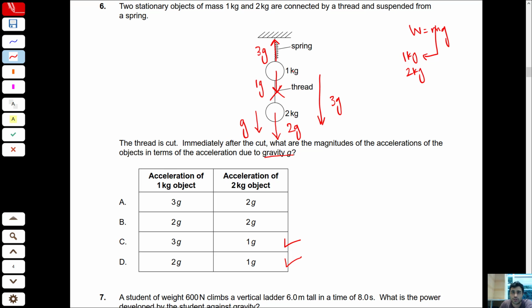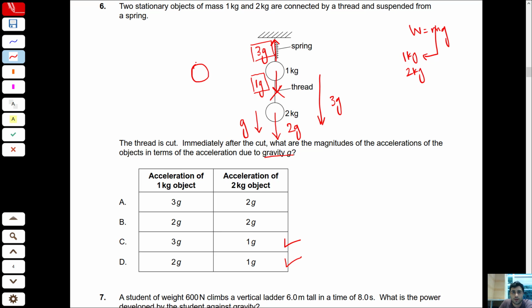Whereas for this 1 kg, this 1 kg doesn't fall freely under the influence of gravity because there is a spring attached to it. The spring provides an upward force of 3g, whereas the weight of the ball provides a downward force of 1g.